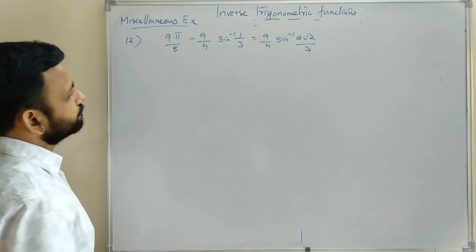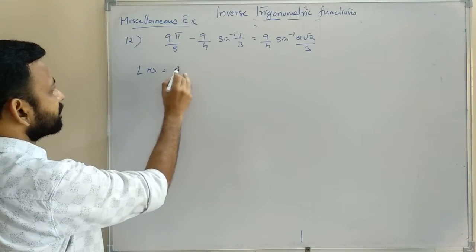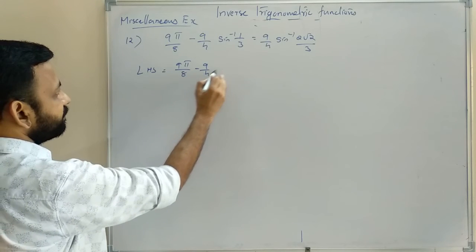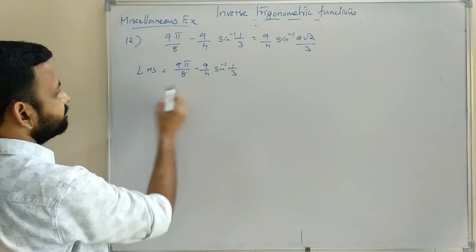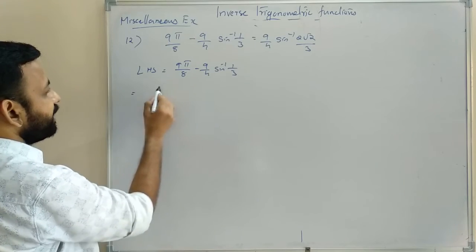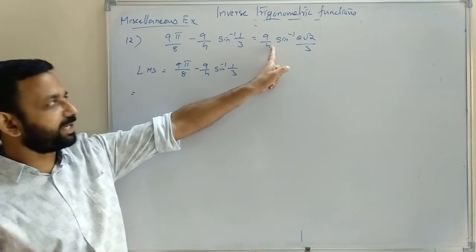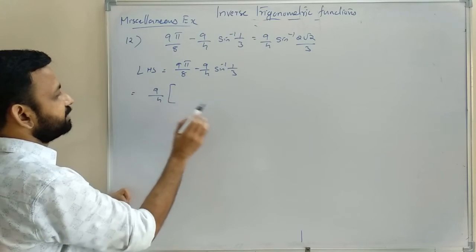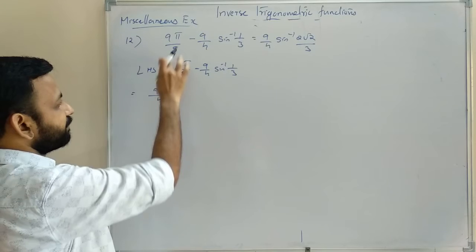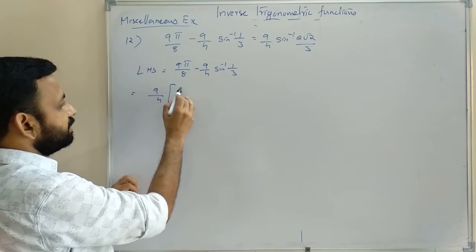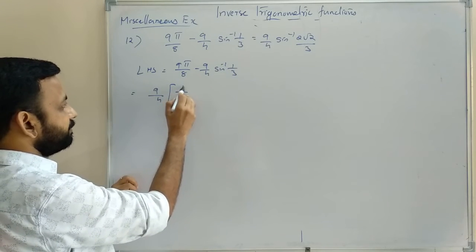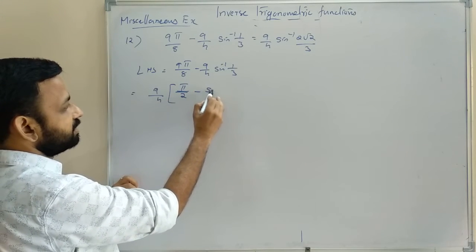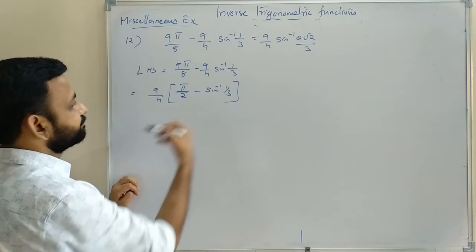Here, LHS: 9 pi by 8 minus 9 by 4 sin inverse 1 by 3. We want to get 9 by 4 there, so we can take 9 by 4 common, outside. When we take 9 by 4 outside from 9 pi by 8, we get pi by 2, minus sin inverse 1 by 3.